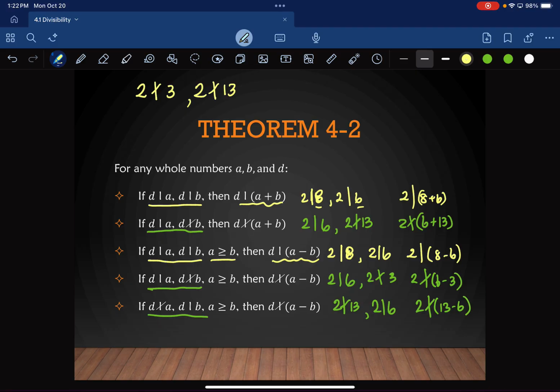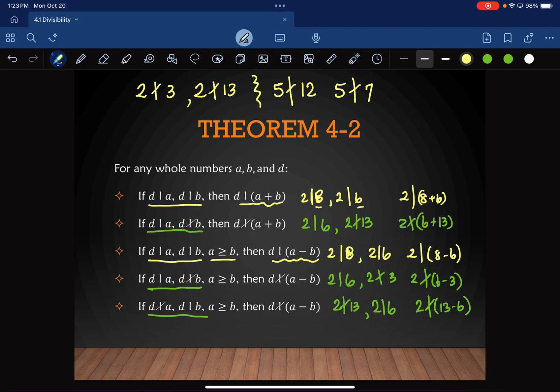So when we take a look at this and we do it with another value, so let's do 5s because they're easy to look at as well. Let's say 5 does not divide 12. And 5 does not divide 7. That's true, correct? Okay, but what's 12 plus 7? It'll be 19.